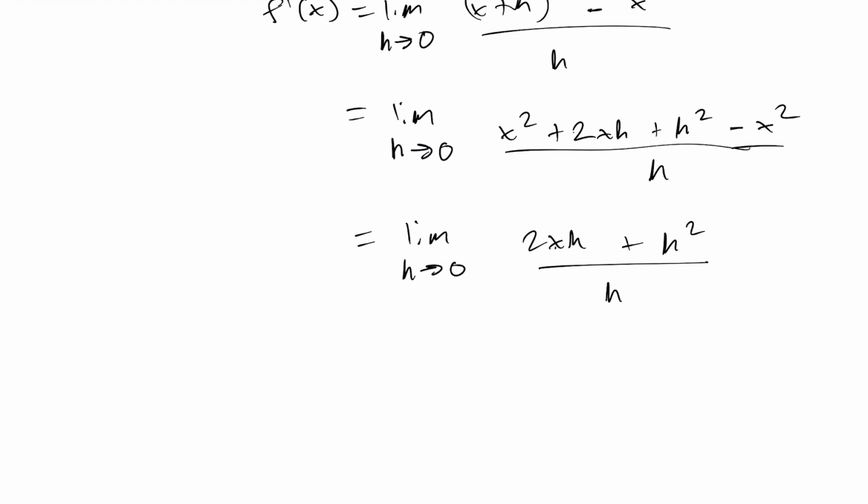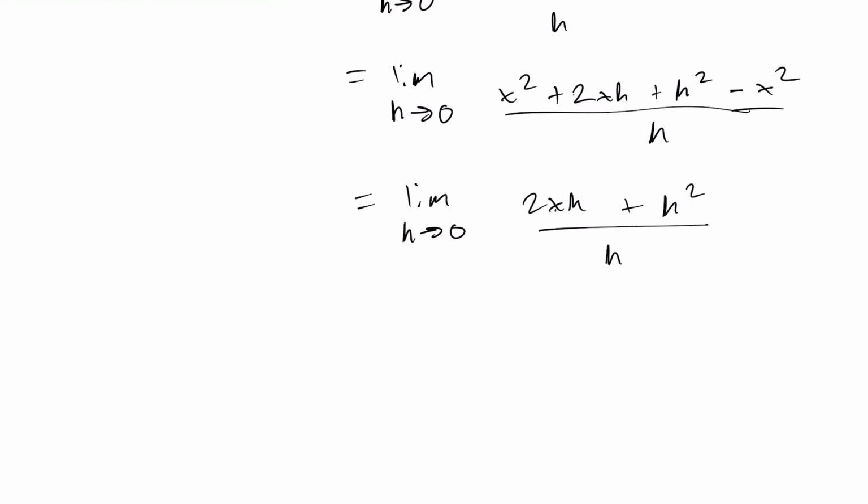Then we factor out the h, so it's the limit as h approaches 0 of 2x plus h. If we apply 0 for h, the derivative would simply be 2x. So the derivative of x squared is equal to 2x.